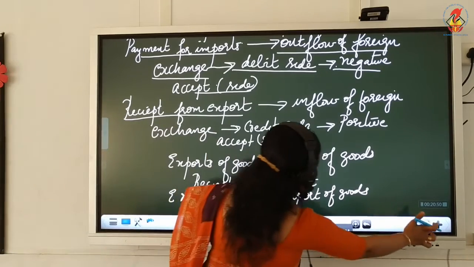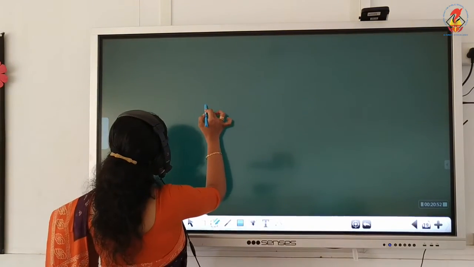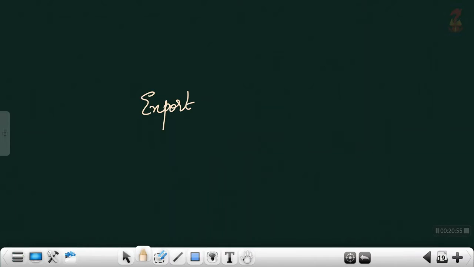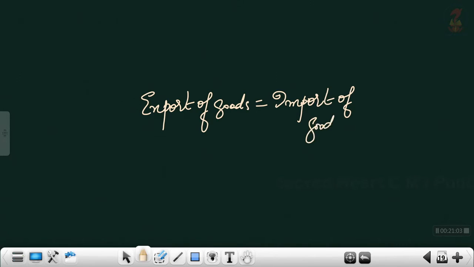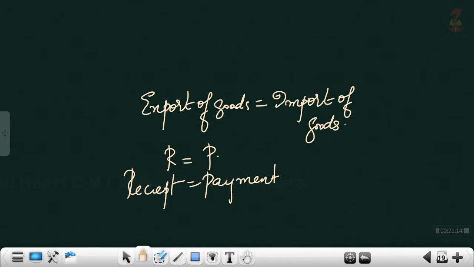Sometimes there exists a condition where export of goods is equal to import of goods. That means receipt is equal to payment. That means there is a balance between the receipt and the payment.